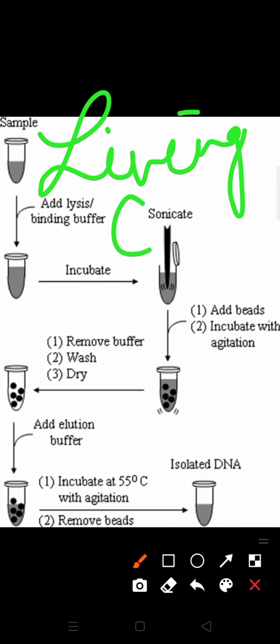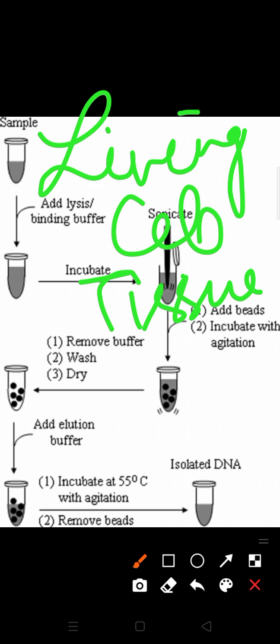If you want to extract your gene of interest, first you have to break the cell wall, or if it is a plant cell, you have to break the cell wall, then the plasma membrane, then the cytoplasm, then all the cell organelles, and only then you reach the nucleus. You have to break the nuclear membrane, and afterwards you reach the genome of the cell.